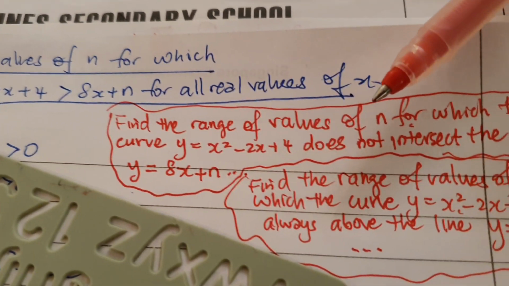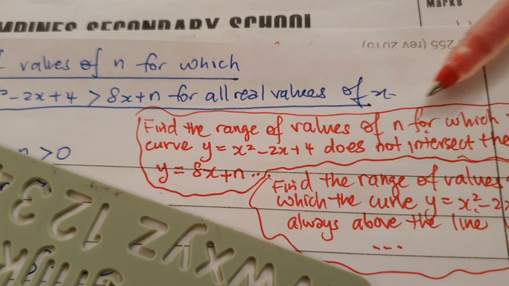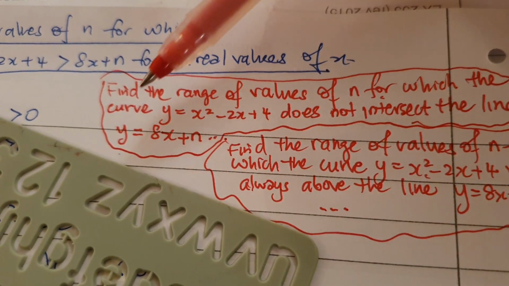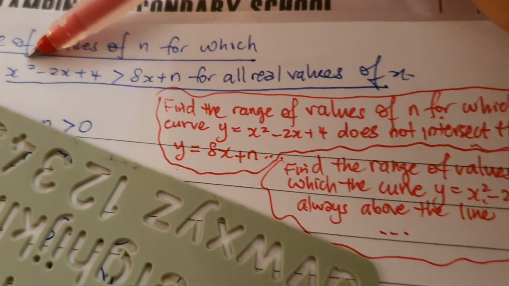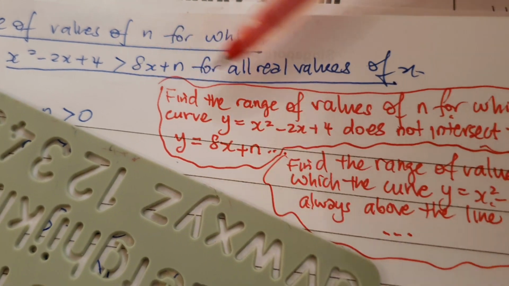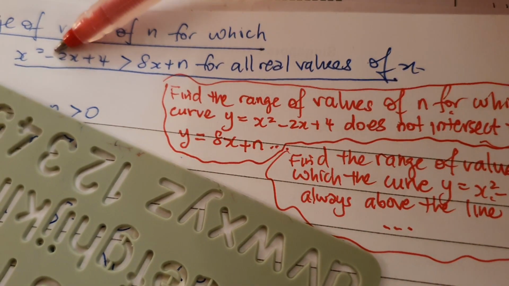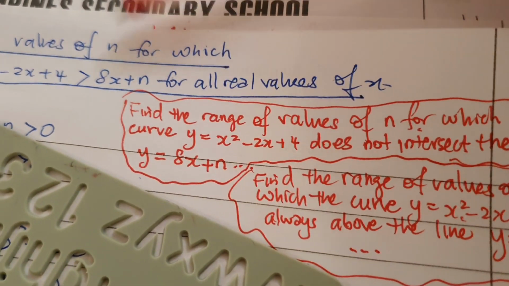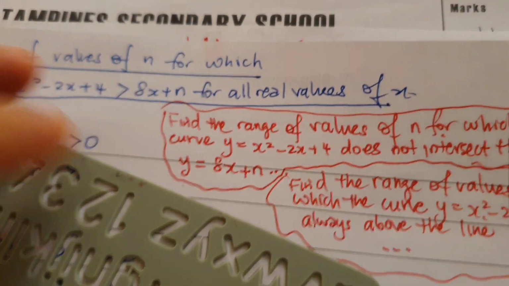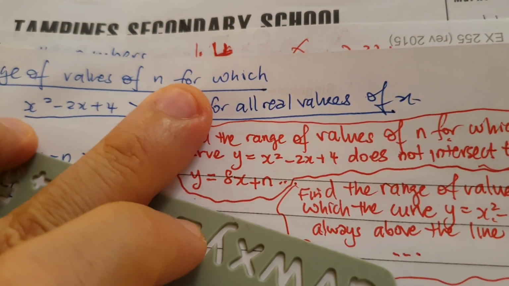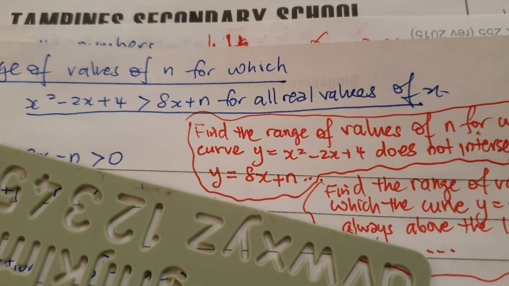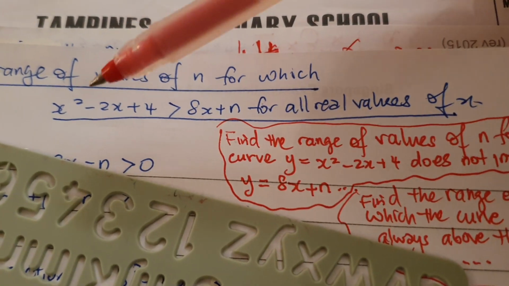Another way to phrase this question is, find the range of values of n, so that's the same, for which the curve, now they tell you specifically that this is a curve, and they write down the curve equation, does not intersect the line, this one. Now, you tell me why this curve doesn't intersect this line? Because greater than means it's always above. So you look at this as a happy face.